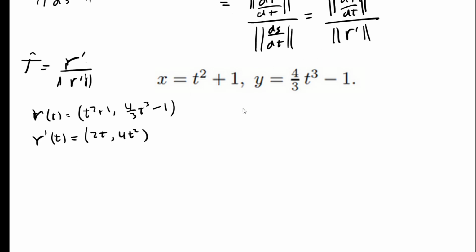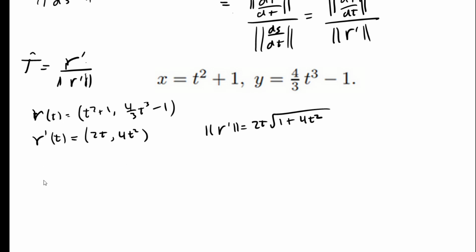And we're going to need the norm of that, so let's compute that right now. This is the norm of r prime. We did this already. This is 2t root 1 plus 4t squared.